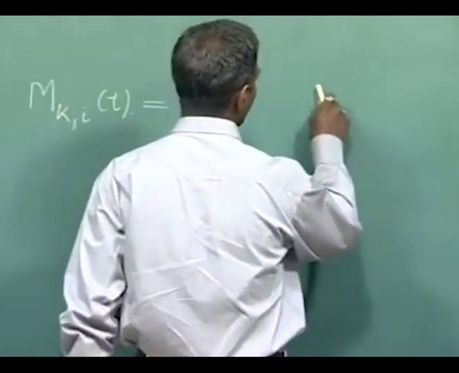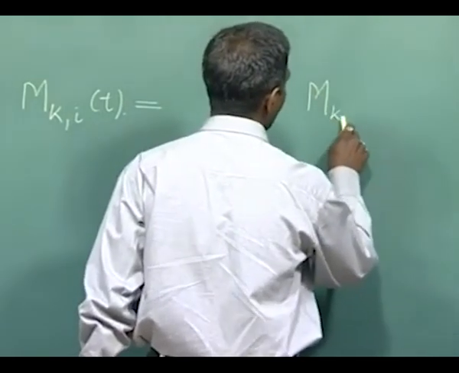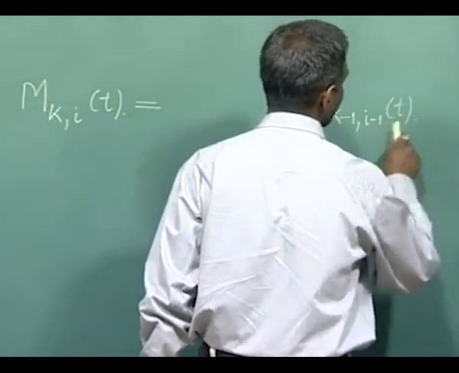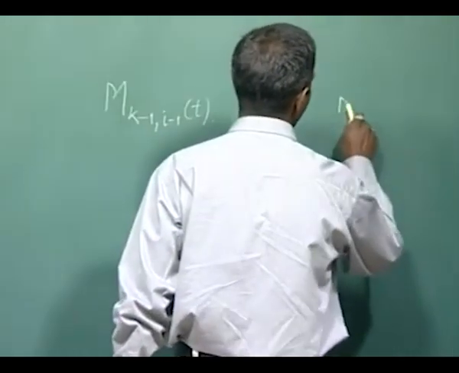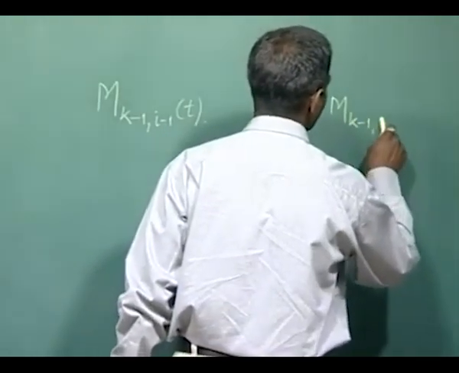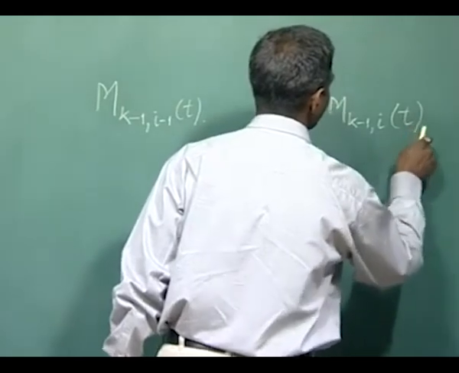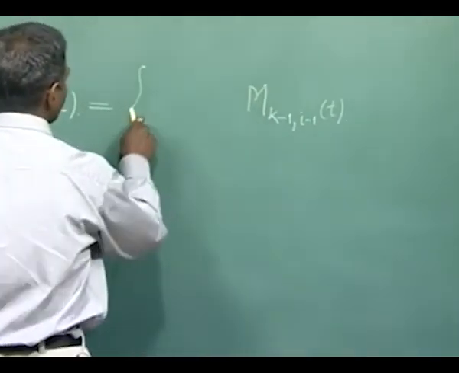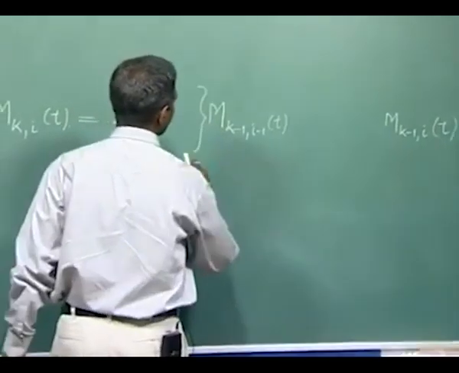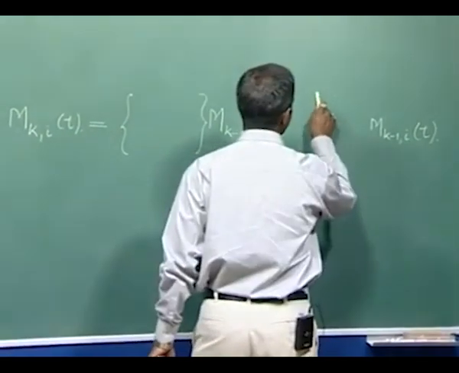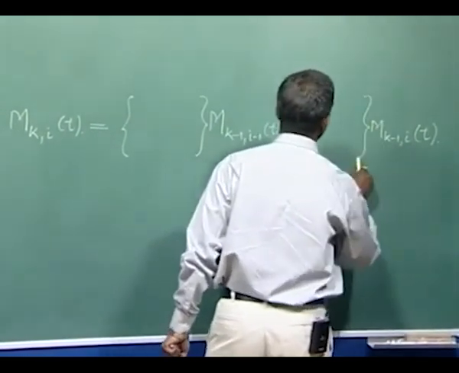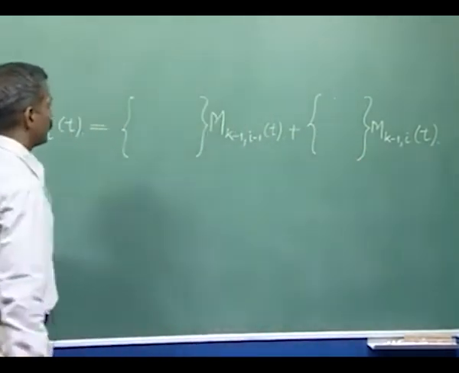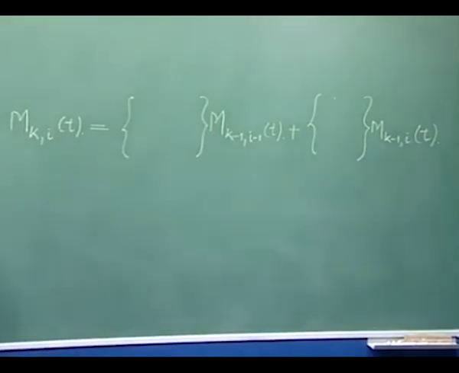So let me write them down: m_{k-1,i-1}(t) and m_{k-1,i}(t). Of course, there will be associated constants or weights with these basis functions. I'll fill them up in a while.